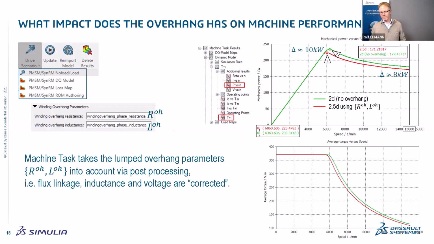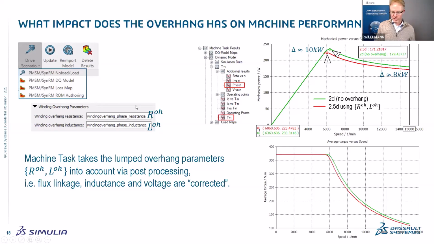Okay, but maybe this value doesn't give you a feeling of how important it is to incorporate this effect. But the machine task has a possibility for each of the drive scenarios to define the overhang resistance and overhang inductance.